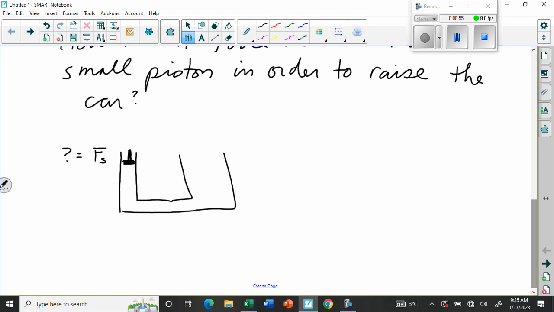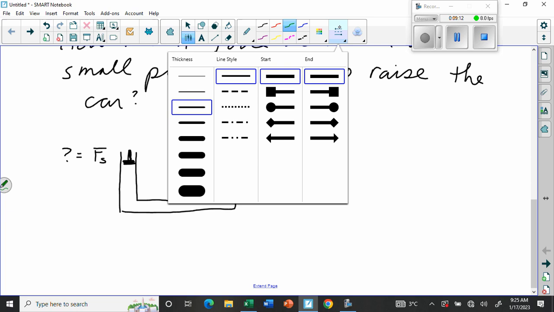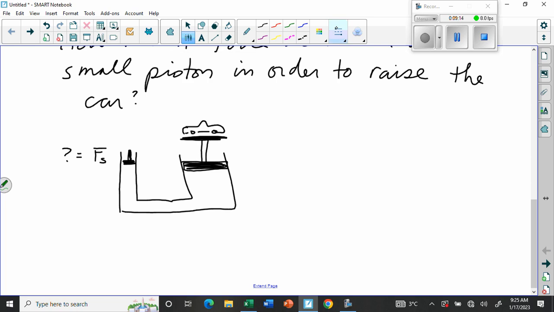But what about the force at the, do we know anything about the force required at the large piston? Well, the large piston is attached to a sort of a platform with a car on top. Okay? Now remember, a car has a mass, which means there's a downward force of gravity, Fg, which is the weight of the car.